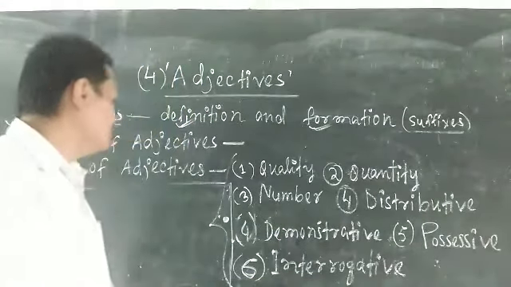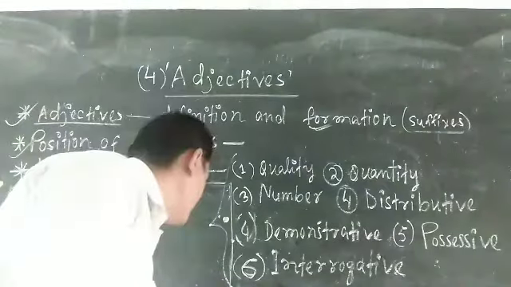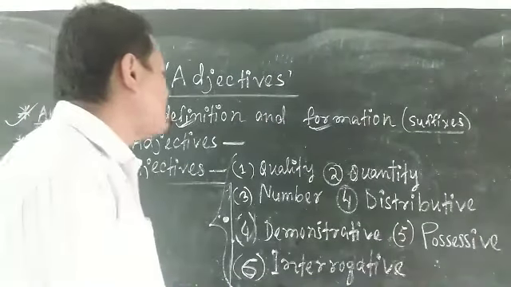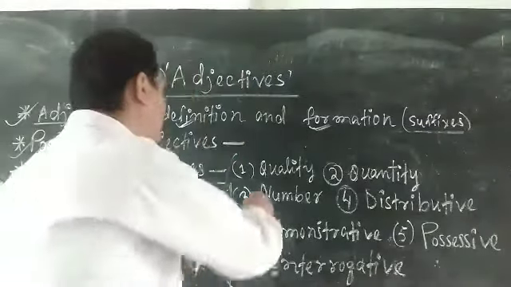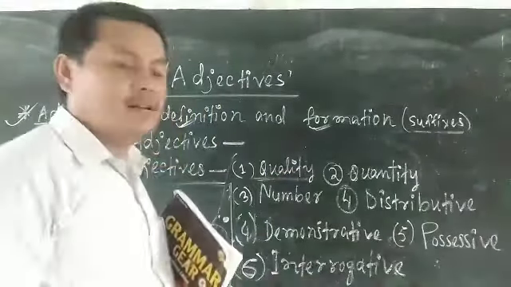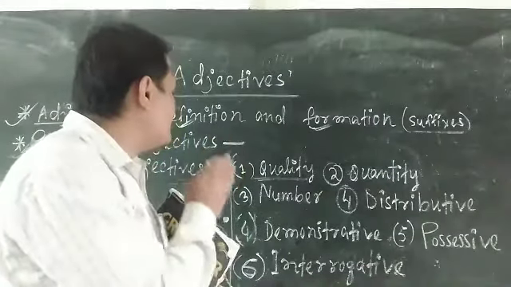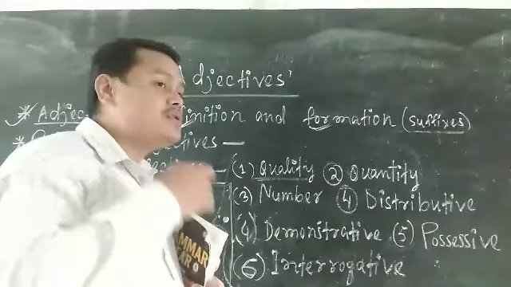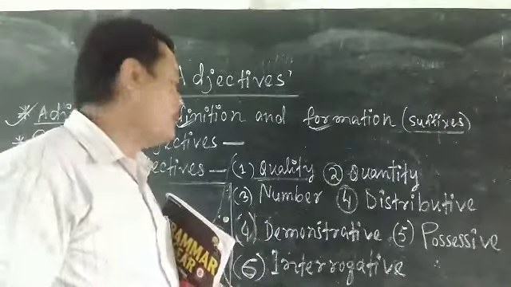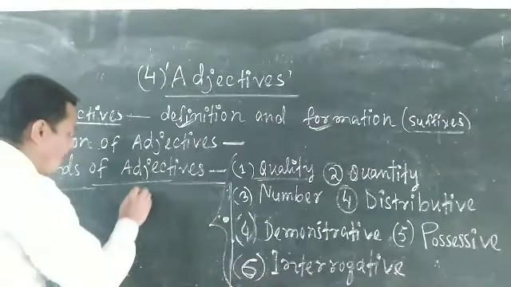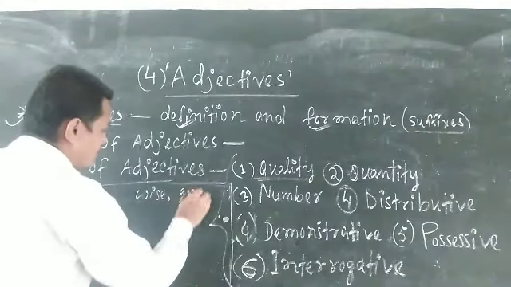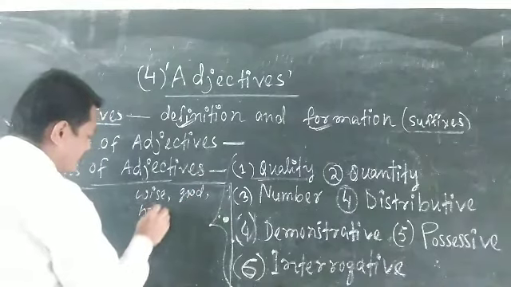So dear students, let's get to this point. The first type of adjective is the adjective of quality. Adjectives of quality are those adjectives which tell about the quality of a noun. For example, we can see white, good, honest.